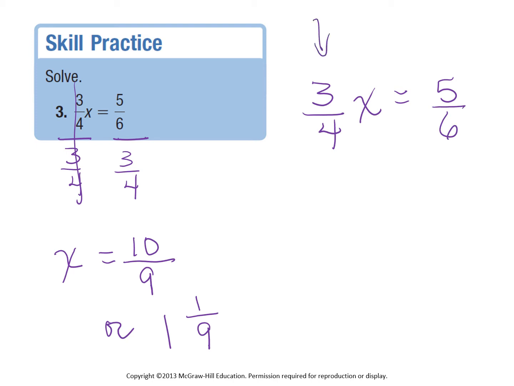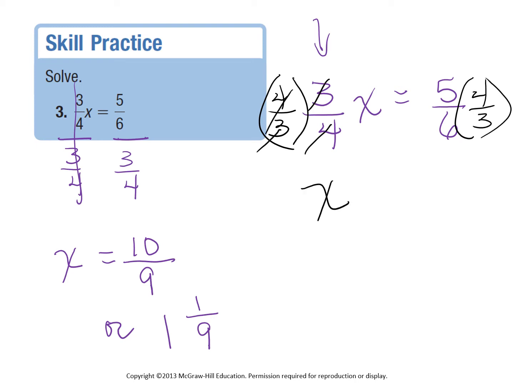So if I multiply both sides of this equation by 4/3, you'll see that I'm left with x is equal to the same answer. So it's going to be 10/9. So you either divide by the coefficient, or you can multiply by the reciprocal of the coefficient, and that'll give you the same answer.